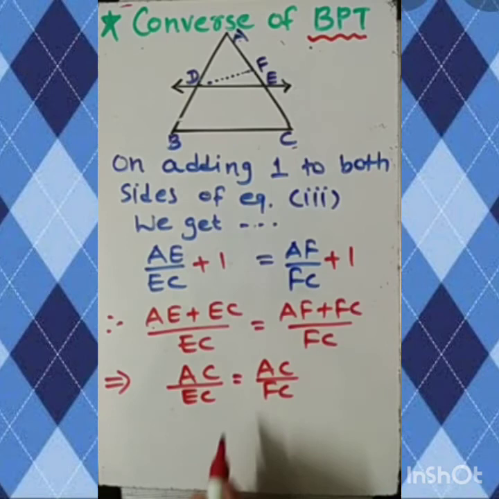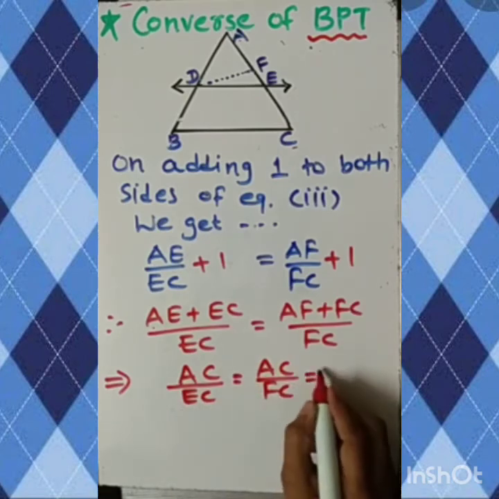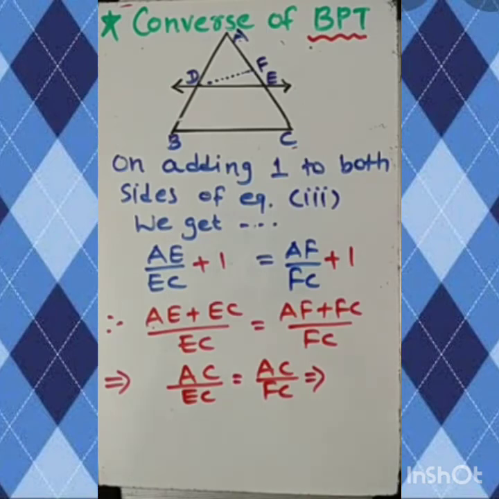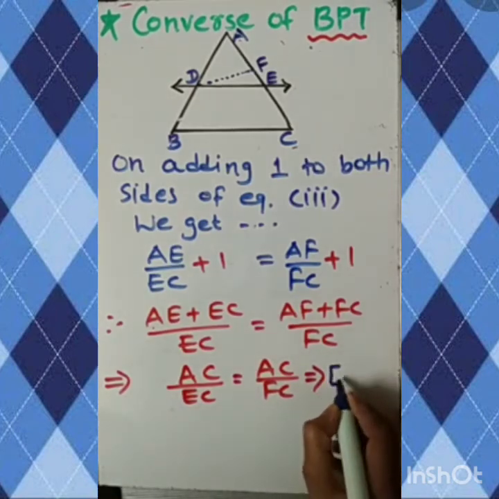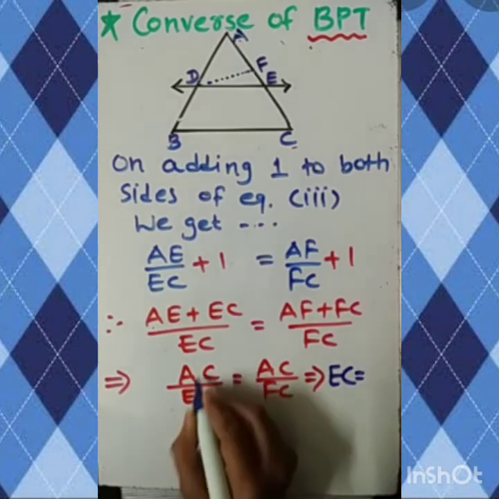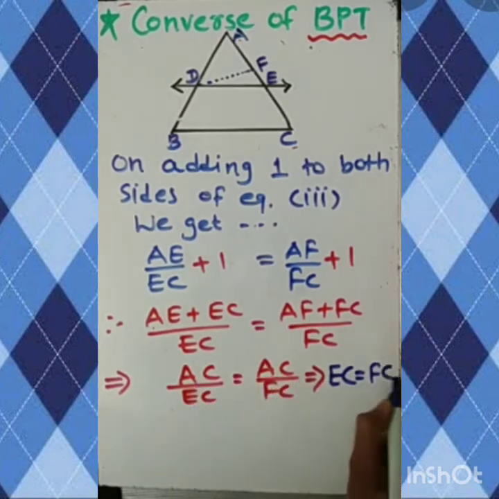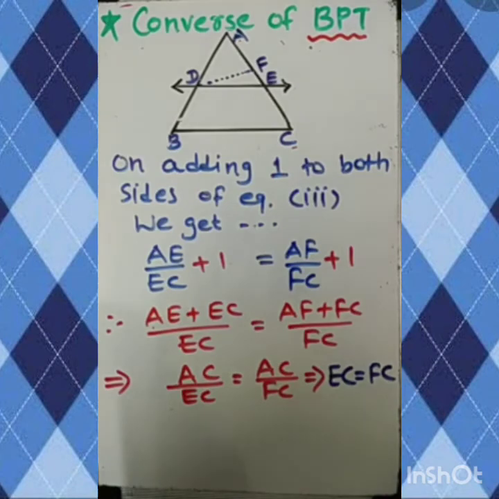It means that AC cancels. So the important result with us is, by cross multiplication, EC equals FC. This is a very important result.